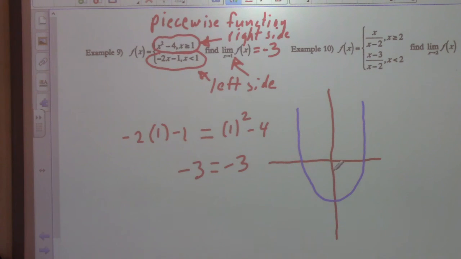Just like a line. It comes down like this. And we find right here is what? Negative 3.